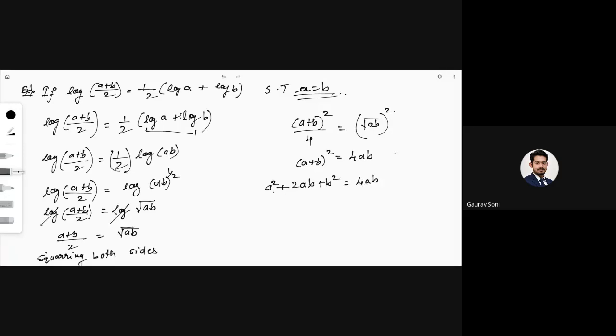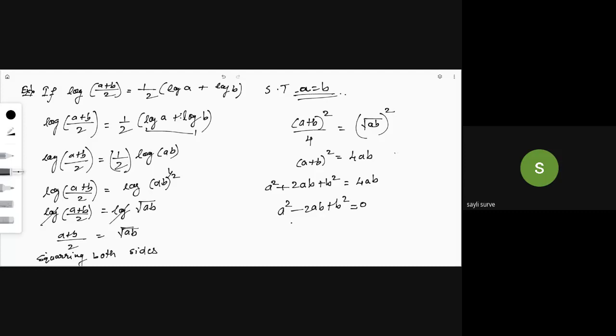Now taking this 4AB on the other side, what we have, a square minus 2AB plus b square equal to 0. Right? What is a square minus 2AB plus b square? A minus b whole square.